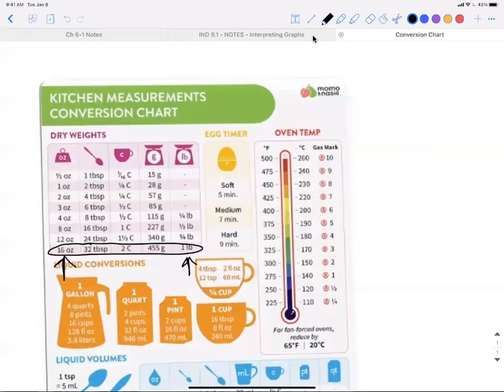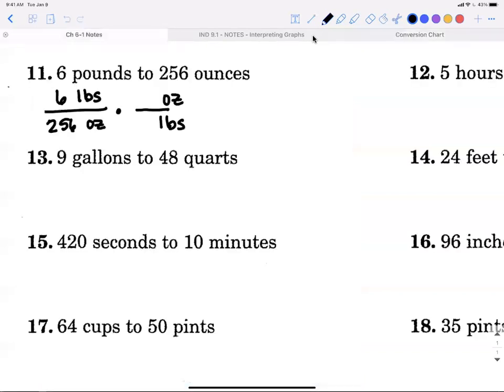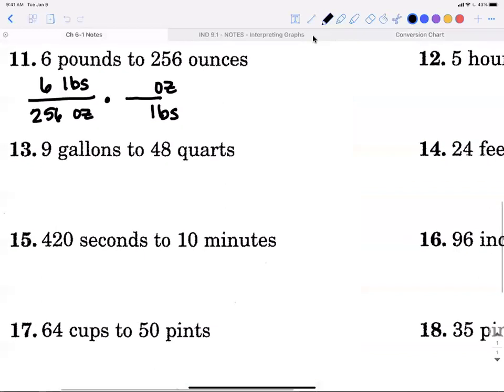Remember, I said you always want to find the conversion that makes your bigger one a 1, right? So pounds is my biggest. We found 1 pound equals 16 ounces. Everybody good with that? So I go back here and I say it's 1 pound for every 16 ounces. Okay, 1 pound for every 16 ounces.